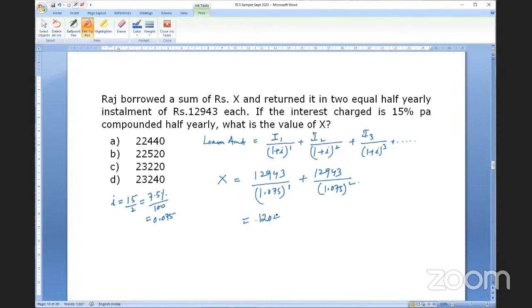First part is 12040. Now, no need to do anything. Just divide this 12040 by 1.075. That would be 11200. So the loan amount is 23240. Yes, that we have in option D.